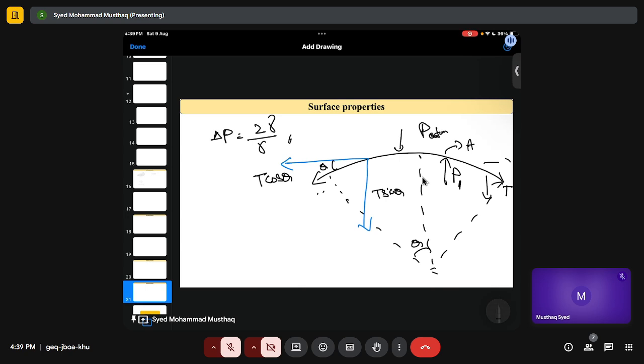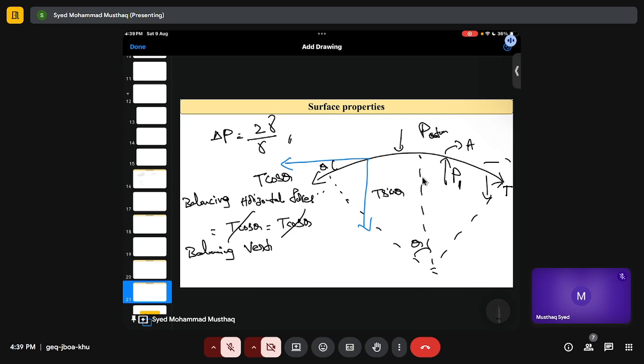So now balancing horizontal forces, that will be t cos theta equals t cos theta. It is balanced out. Okay, now what about vertical forces?